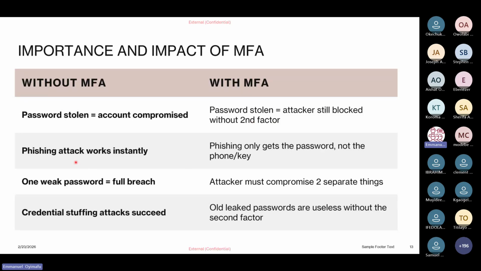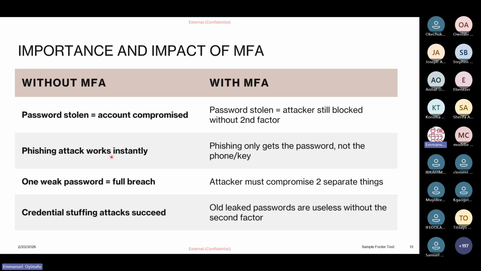Why do phishing attacks work instantly? If you have been phished and you don't have MFA, the attack is immediate. But if you're using MFA, phishing only gets the password, not the phone and key. Phishing is, for instance, when somebody sends you an email and embeds a link, and you click on it.